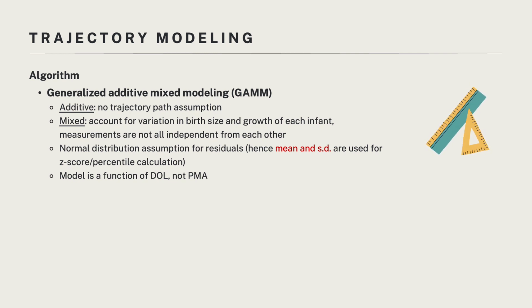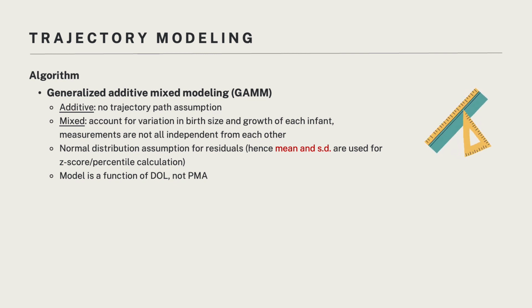The term additive indicates that the trajectory is modeled in a piecewise fashion, without any pre-specified trajectory path assumption. The term mixed indicates that we took variations in birth size and growth rates of each individual infant into consideration when developing the model. In other words, measurements from one infant are considered together instead of treating all data points as independent values from one another.